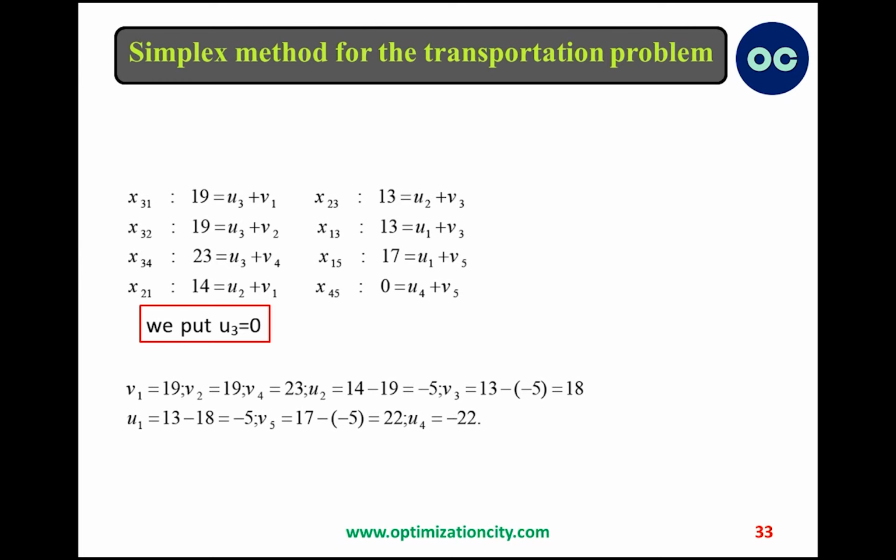In this case, we have the following equations because these variables are basic. To simplify the explanation, let's assume u3 is equal to 0, as it appears more frequently in the equations. By doing so, we can determine the values of the remaining variables as follows.